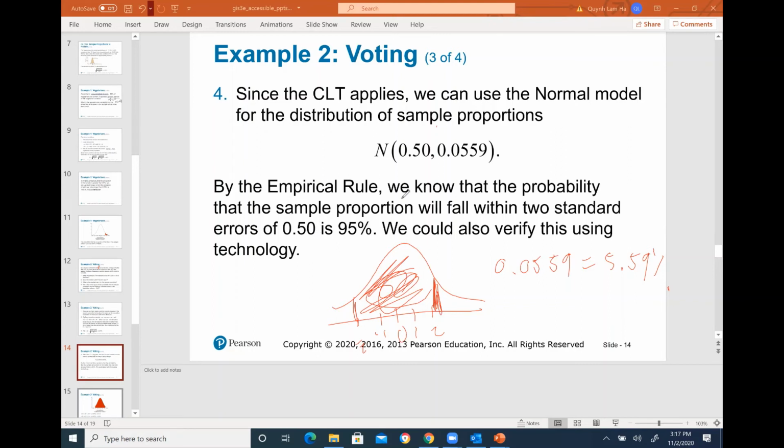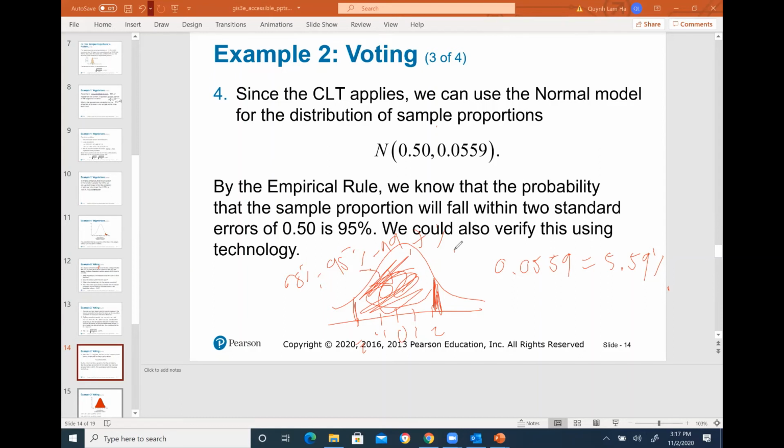But look like right here, by the empirical rule, if you remember, 68%, 95%, and 99.7%. This is what we call the empirical rule, right? We know that the probability that the sample proportion will fall within two standard error of 0.50 is 95%.